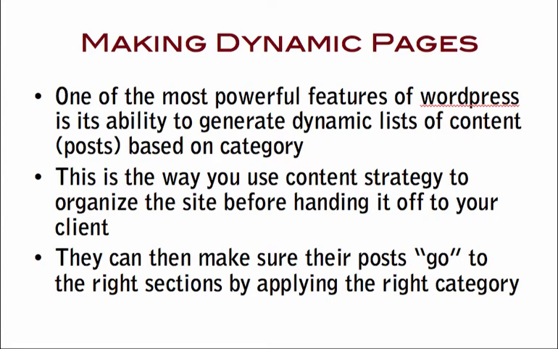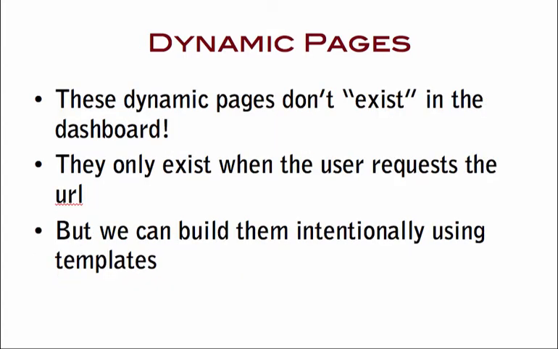Using those categories, those posts would go to those sections simply by being categorized in that way. And those dynamic pages don't exist in the dashboard. They only exist when the user requests that URL.